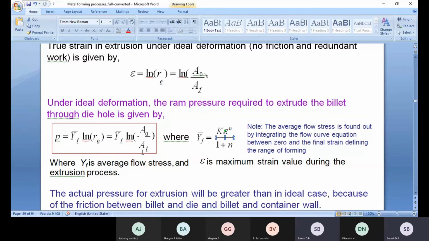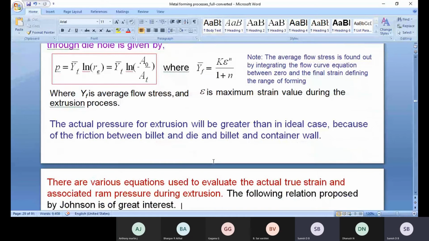Here Y bar suffix f is the average flow stress and epsilon is the maximum strain produced in the extrusion process. The actual pressure for extrusion will be greater than the ideal case because of the friction between the billet and the die and between the billet and the container.